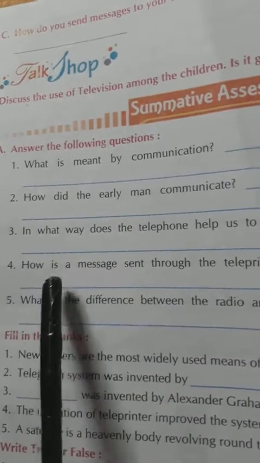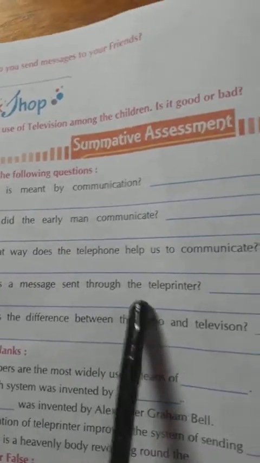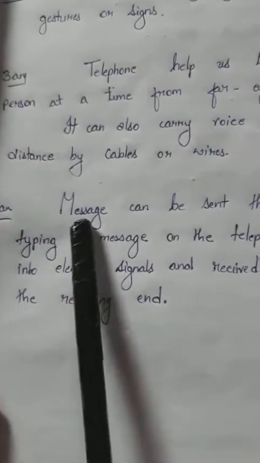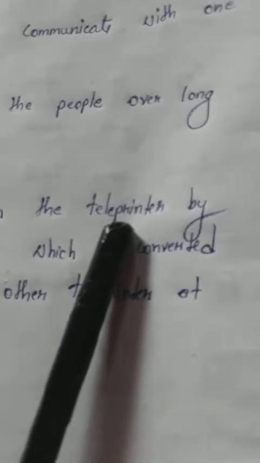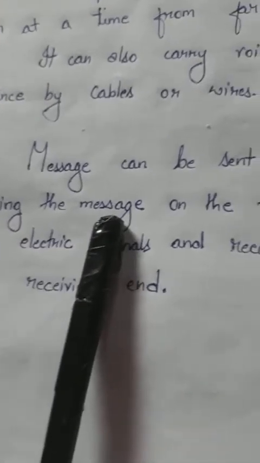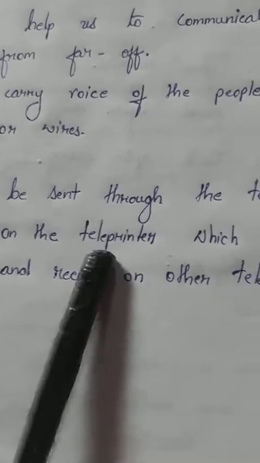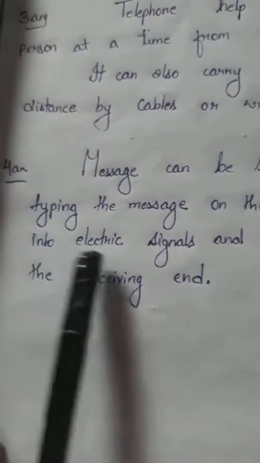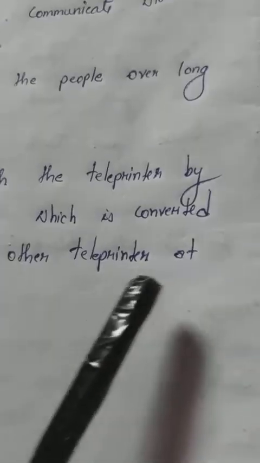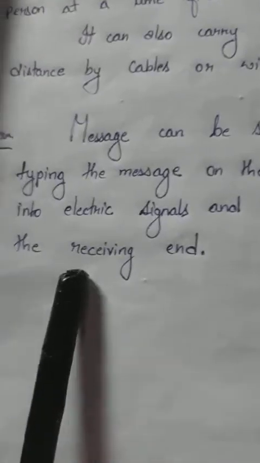Number 4. How is a message sent through the teleprinter? The answer: a message can be sent through the teleprinter by typing the message on the teleprinter, which is converted into electric signals and received on the other teleprinter at the receiving end.